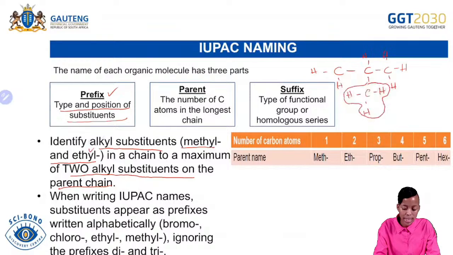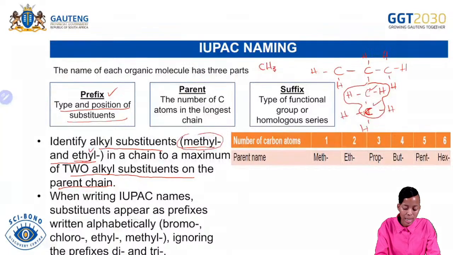If it was an ethyl, then an ethyl would mean that you would be having a total of two carbons. So you need to identify a methyl, that is a total of one carbon, which can also be represented by CH3, because it's one carbon and three hydrogens.